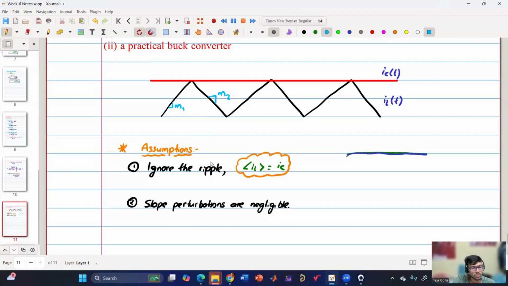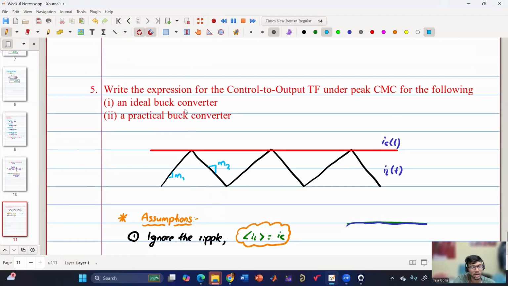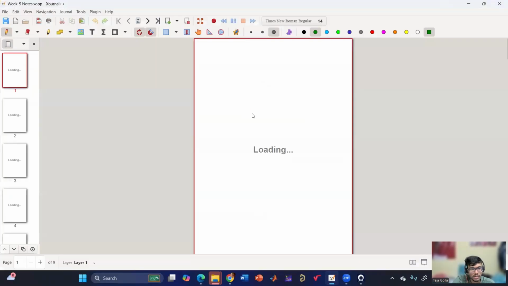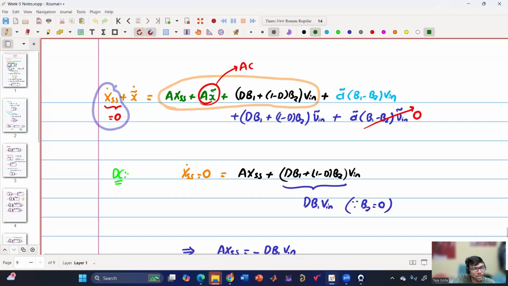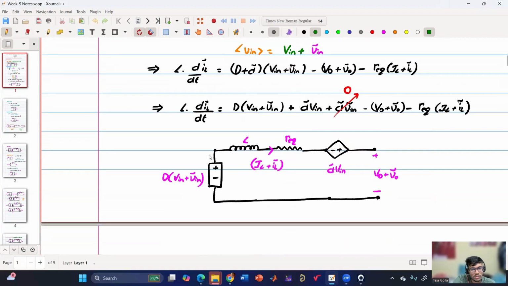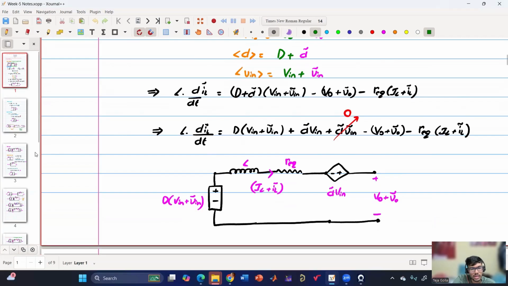So first we are going to deal with an ideal buck converter, and then we are going to deal with the practical buck converter. For this, we need to start from the dynamics of the inductor as well as the capacitor. So I'm going to take some expressions from my previous notes. So these are the expressions, right?